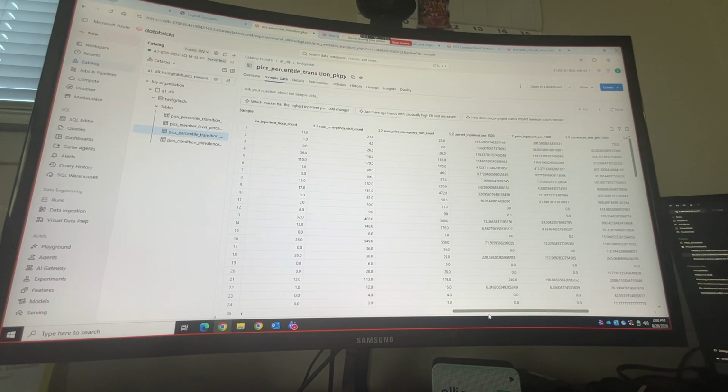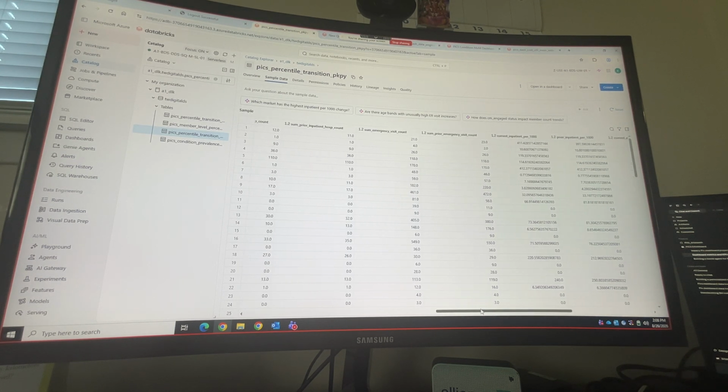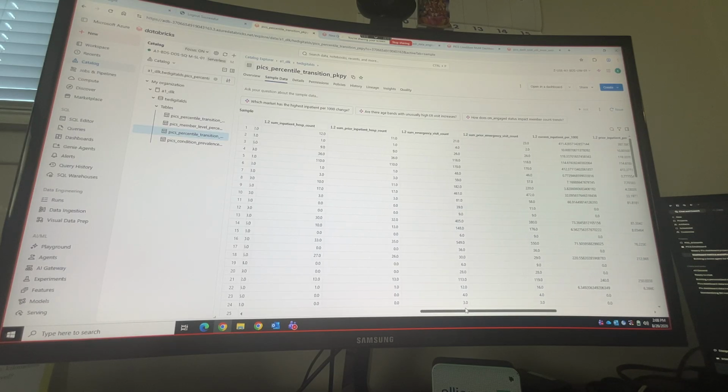You can have the sum of emergency visit count, sum of inpatient visit count, and that's it. You don't need to calculate the per thousand because Ben has to calculate based on the filters. So have all these values, and PMPMs as well.